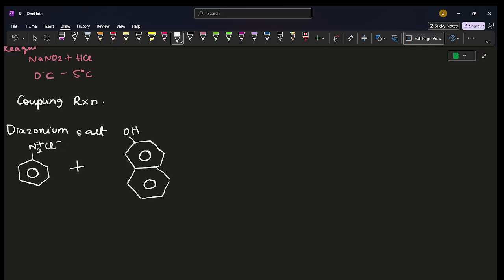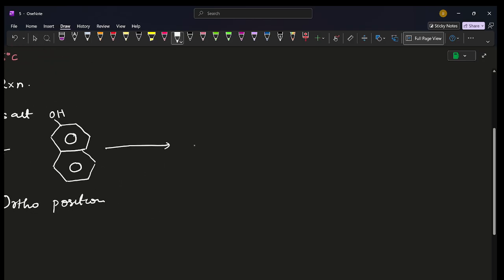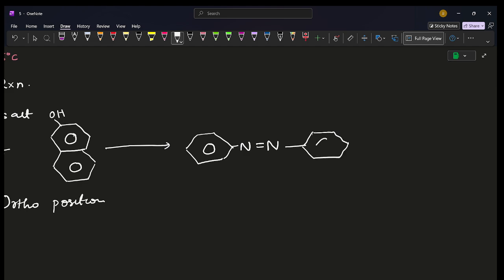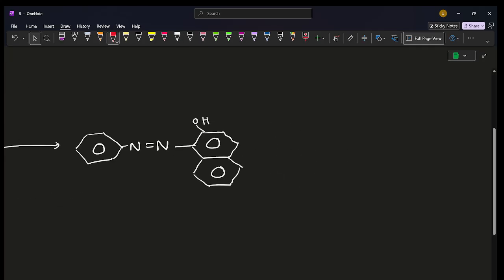One of the most important things is there is addition on the ortho position. So what next happens is you're going to get something that looks like this.